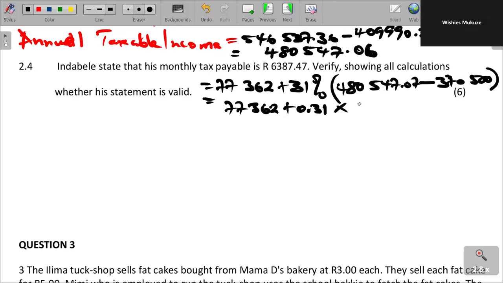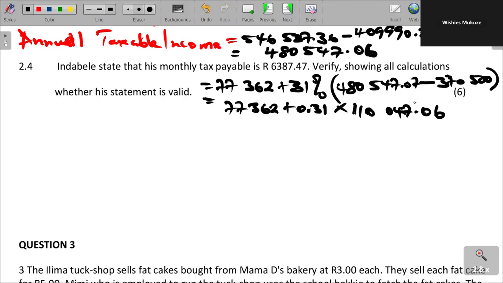If you put these numbers in your calculator, you will find that the difference gives 110,147.6.